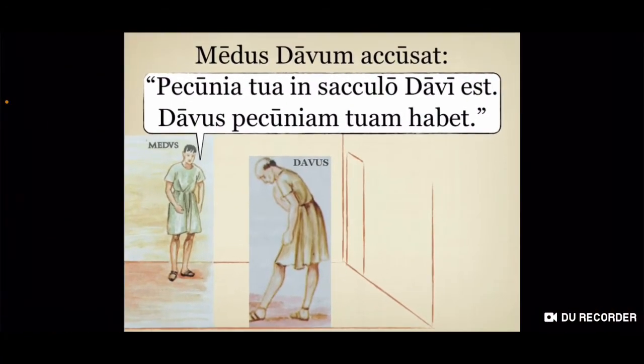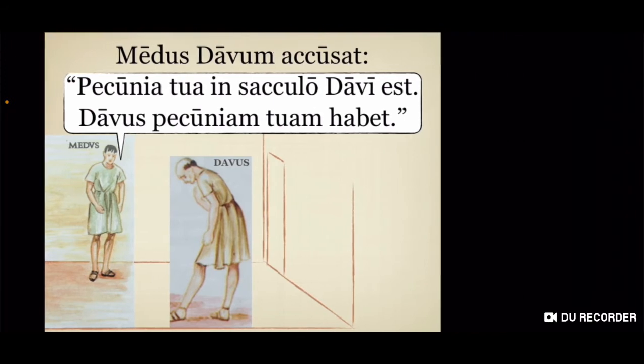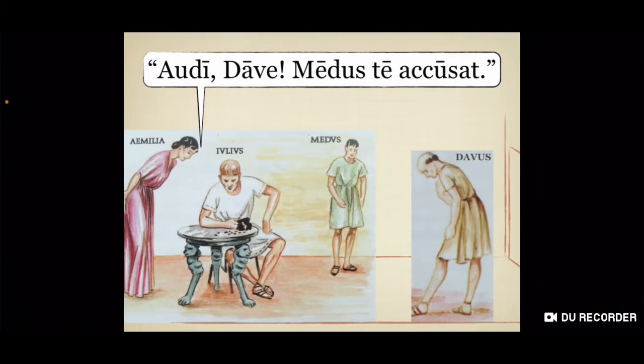He's talking to the master, telling him he has your money, accusing him. Audi, Dave, Medus te accusat. So Amelia says, hey, listen, Davus, Medus is accusing you.